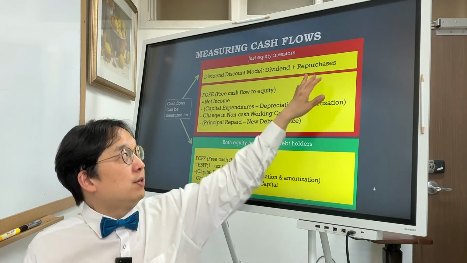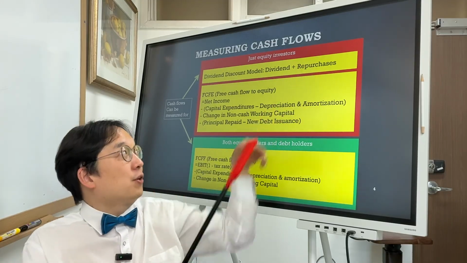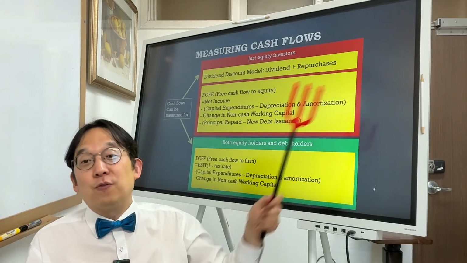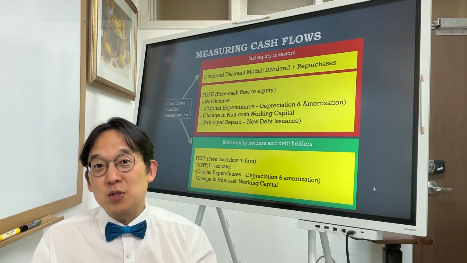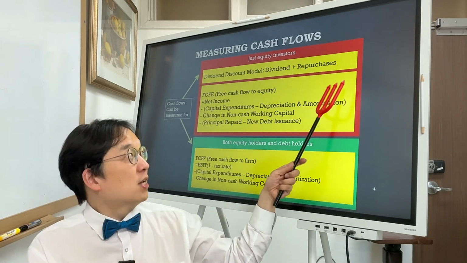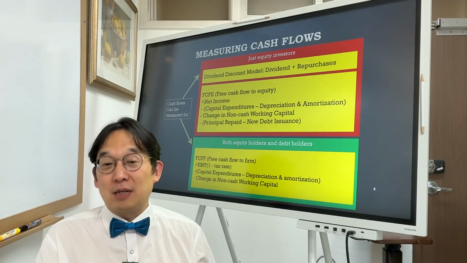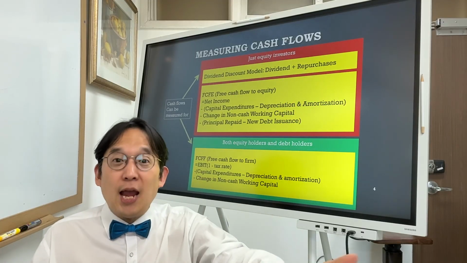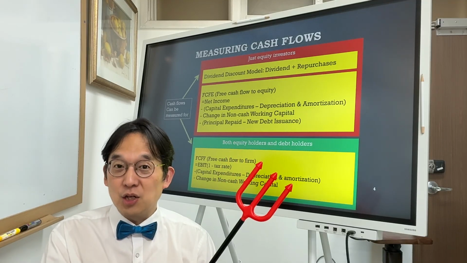And then these days, in the 20th century, we have another more advanced form of rewarding the shareholders, which is called repurchases. It means the same thing as dividend because the company is spending cash for the benefit of the existing shareholders.